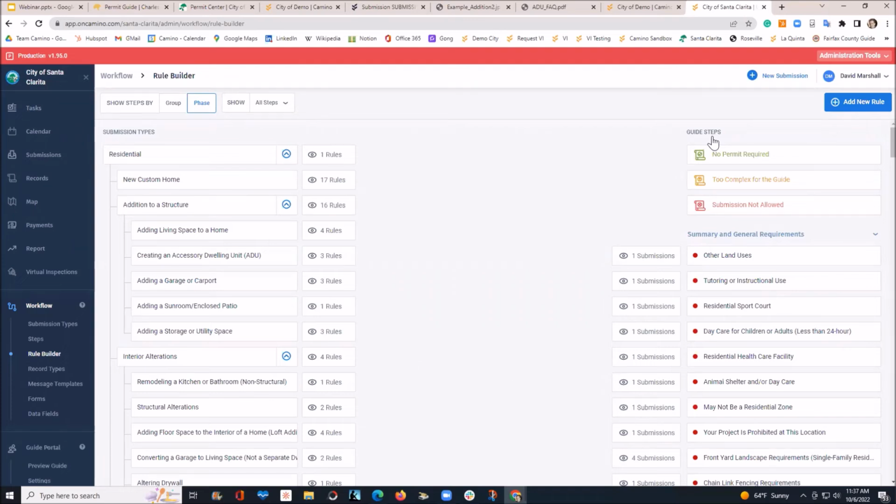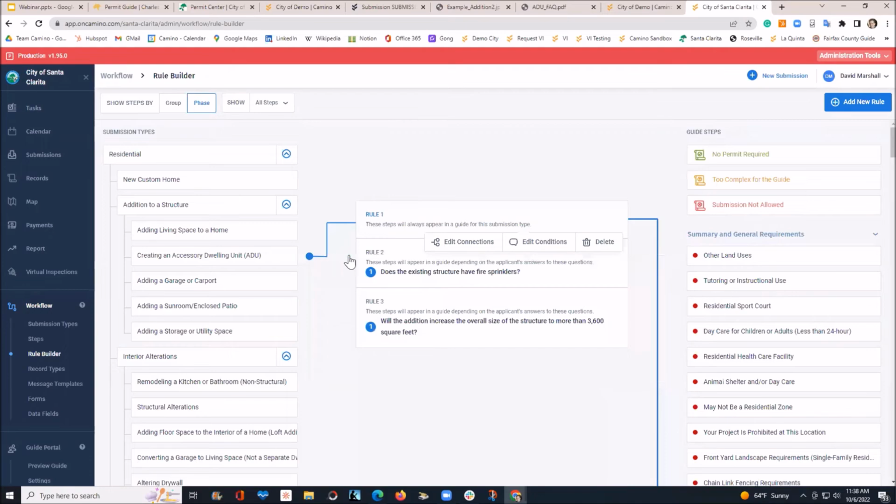And with a full permit system, steps could be approving documents, and reviews and inspections could be additional steps, right? But going back to just guide only, and here we have this, creating an ADU, there are 3 rules, right?